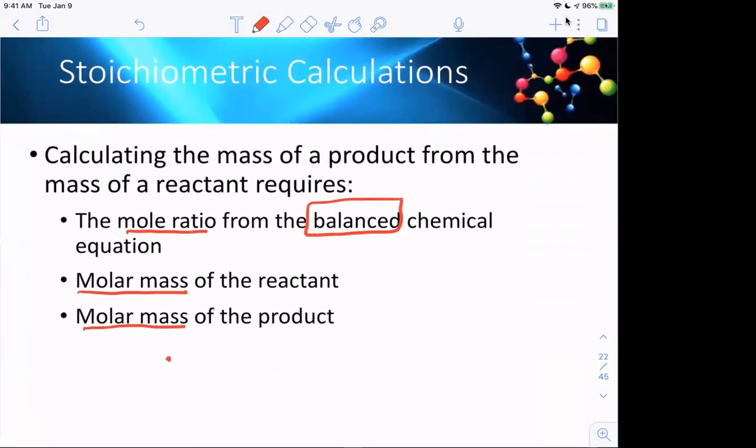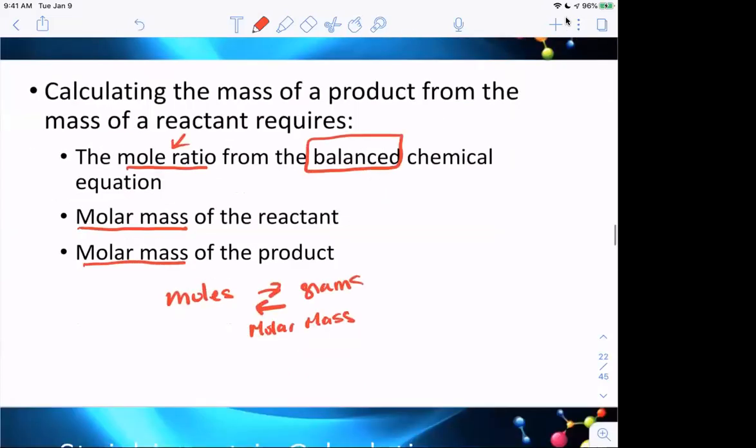We know how to go from moles to grams and from grams to moles using the molar mass. So now I can just tag that on to the end of my mole ratio from my balanced chemical equation, and I can relate these moles to masses that I can weigh and measure in the lab.